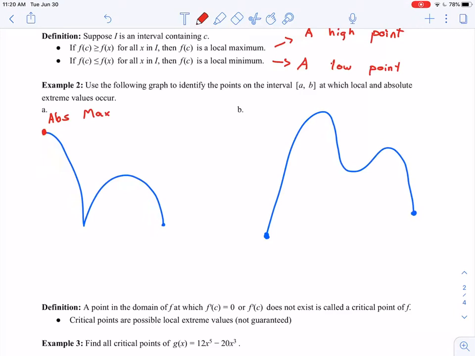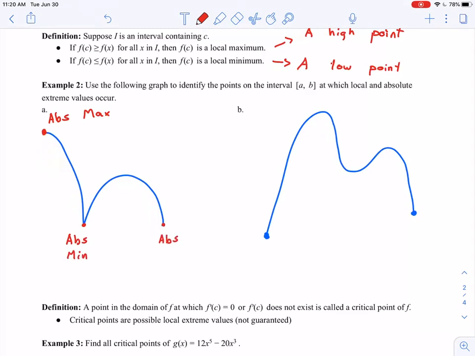And then I have some other low points right here, although it looks like I have 2 points which are tied for our lowest y value here. Those are about the same y value, it looks like. So if that happens, we're going to say that both this point and this point are the absolute minimum values.